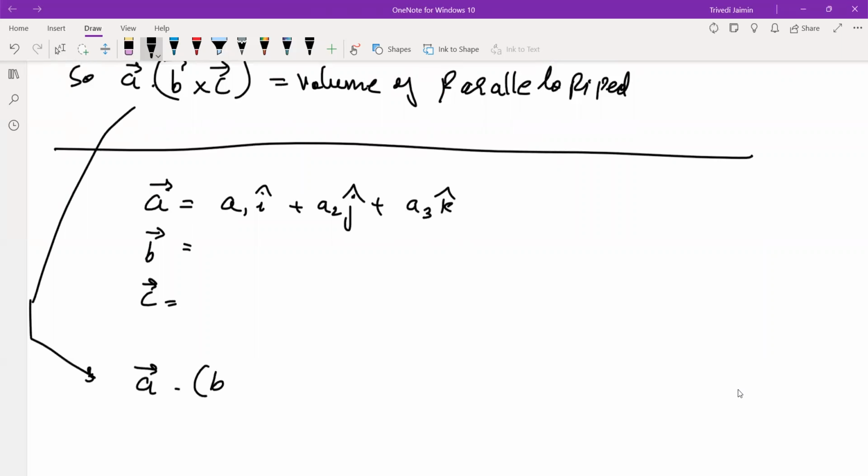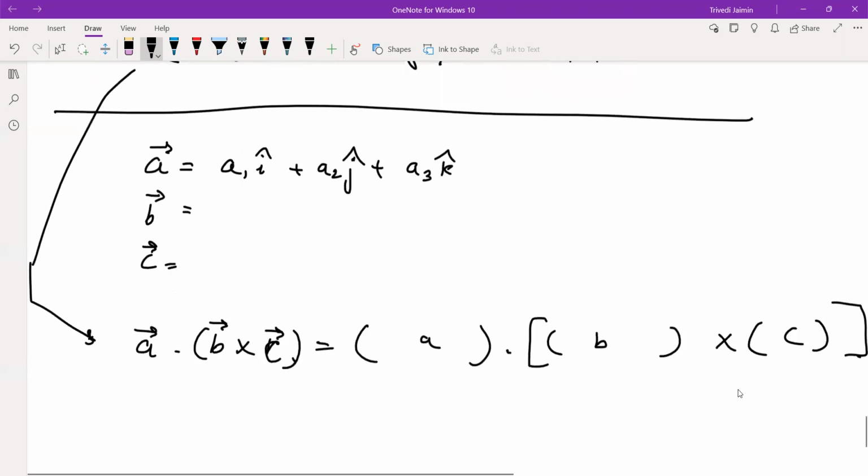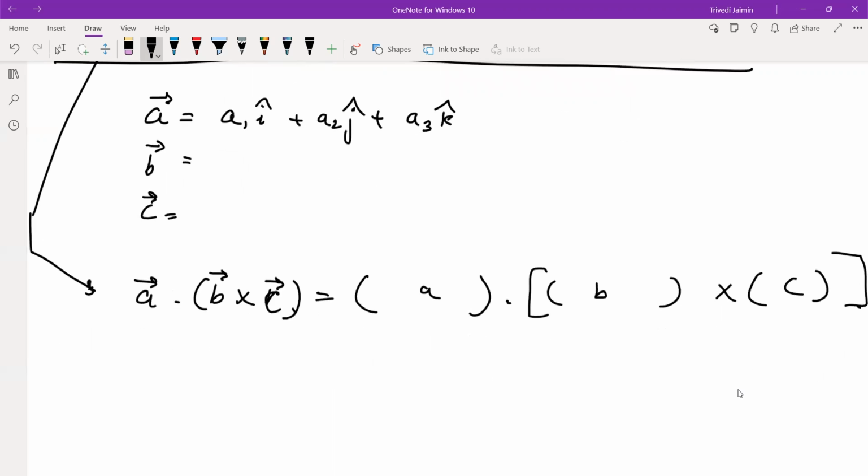A dot B cross C. Now, if I multiply, I need to write the whole term of A dot whole term of B cross whole term of C. After this multiplication and cross product it will be so lengthy.